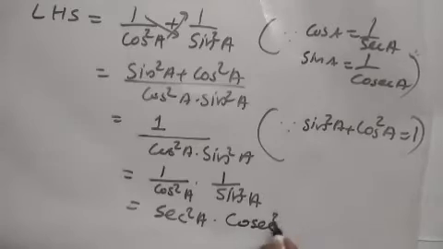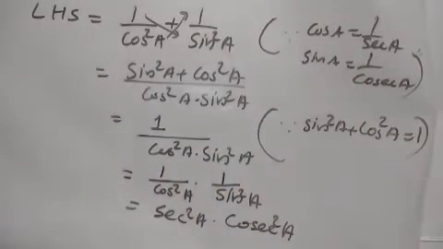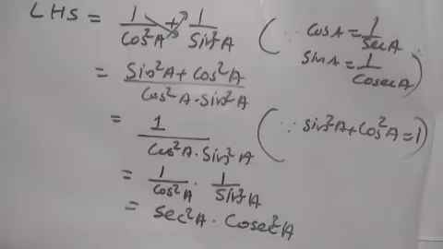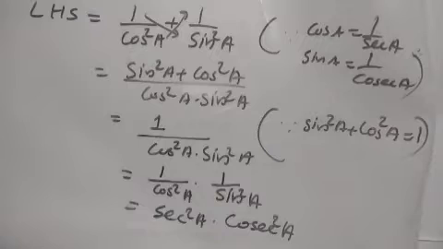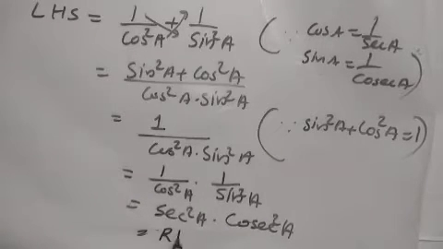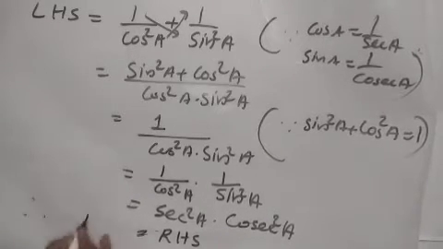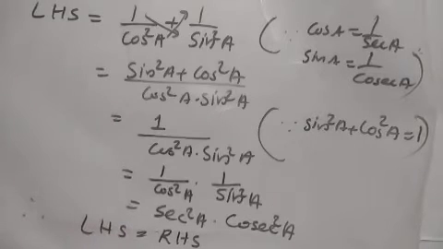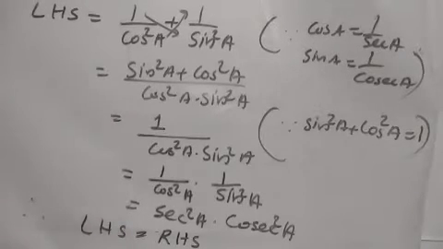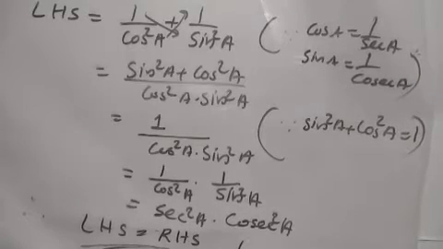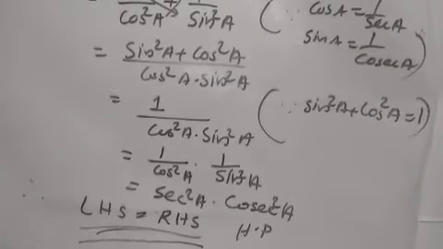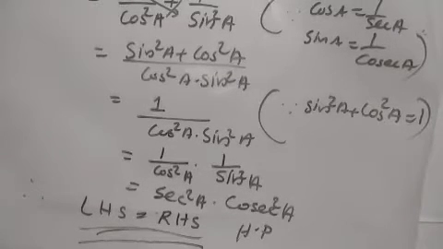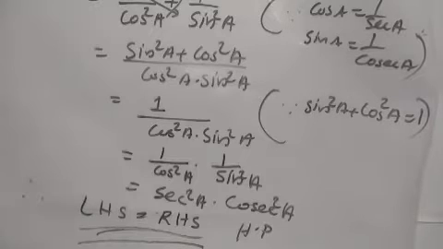It is cosec square A. So cosec A is the reciprocal of sin A and sec A is the reciprocal of cos A. So that is the RHS, no? Therefore, the simplified answer of LHS is RHS, hence we proved. Understood? By using the trigonometrical identities, it is easy to solve these type of questions, to prove the identities. Now let us solve the 17th one.